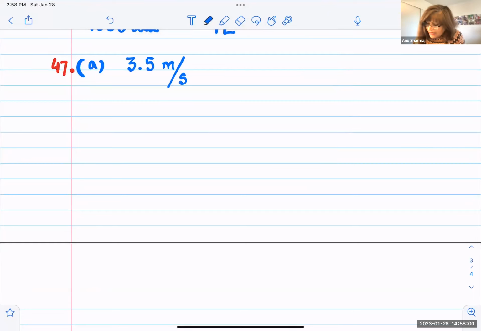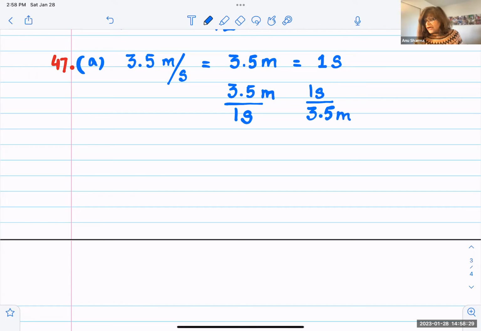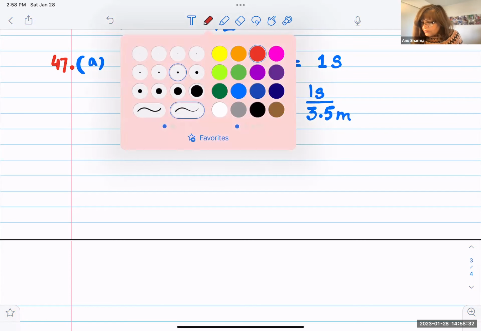The way this can be written is 3.5 meters is equal to 1 second. And then the conversion factors are 3.5 meters over 1 second, or 1 second over 3.5 meters. Two conversion factors.